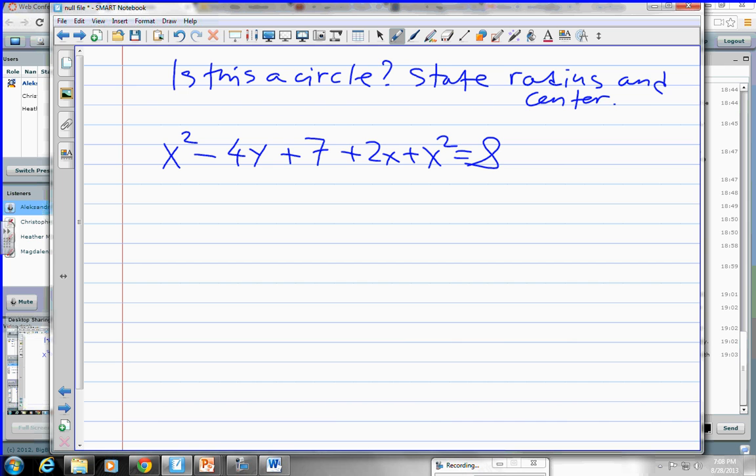Now again, we're trying to match with the original equation. If you can match the expression that I just wrote with the actual equation of a circle, then we're in business. We'll be able to state the center and the radius and all that good stuff. Because from what it looks like, it doesn't look like a circle right now.